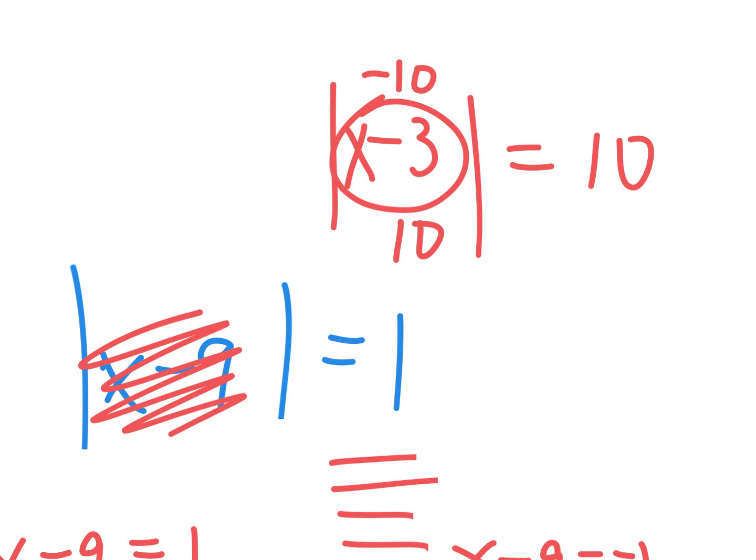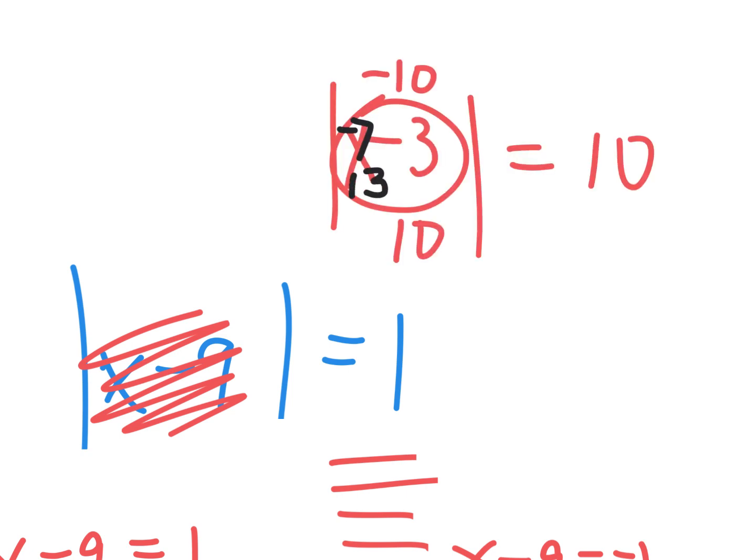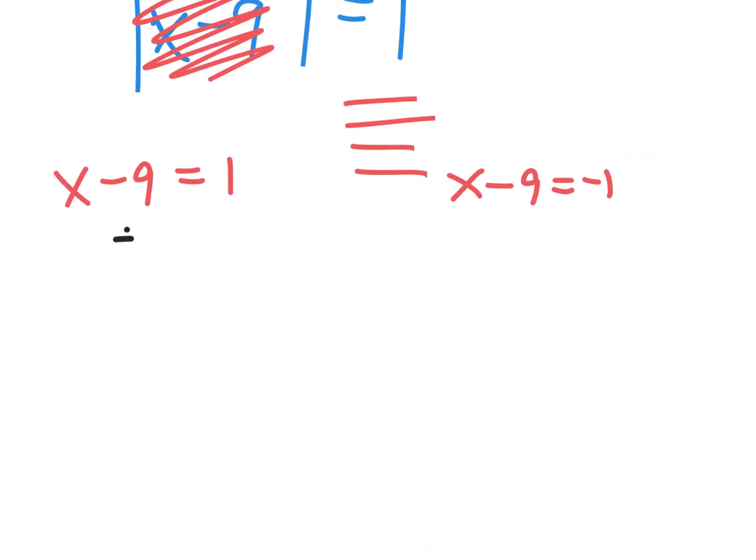So you'll get 2 answers. Like in this case, if I had -7 right there, that would make it equal -10 and that would work. Or if there was a 13 there, that would also give me the right answer. So there's 2 answers. So to finish this one off, x equaled 10.